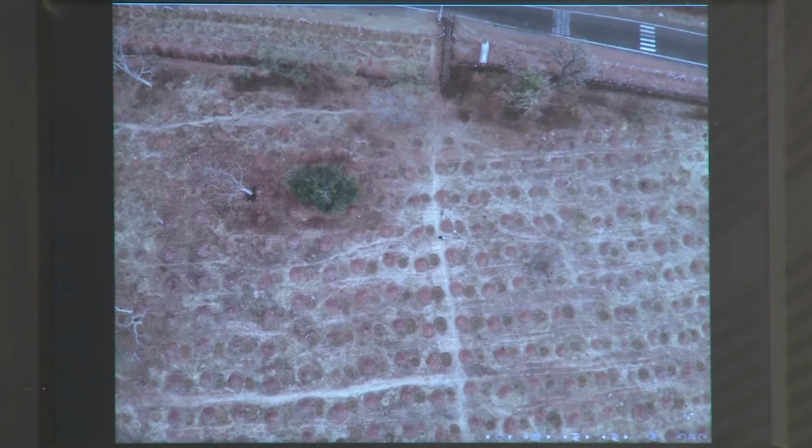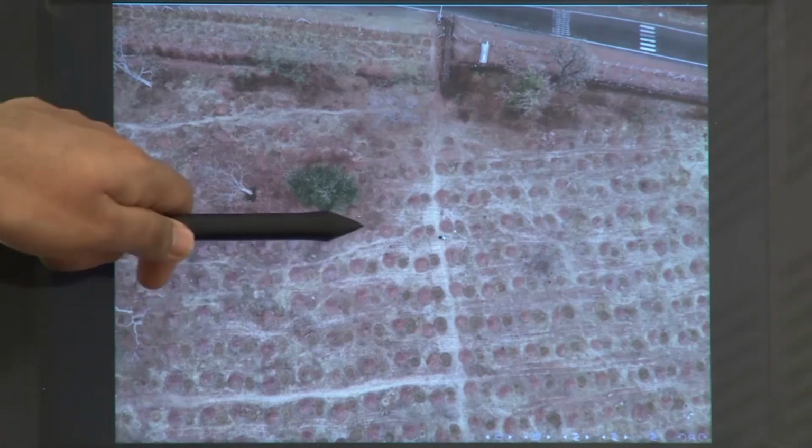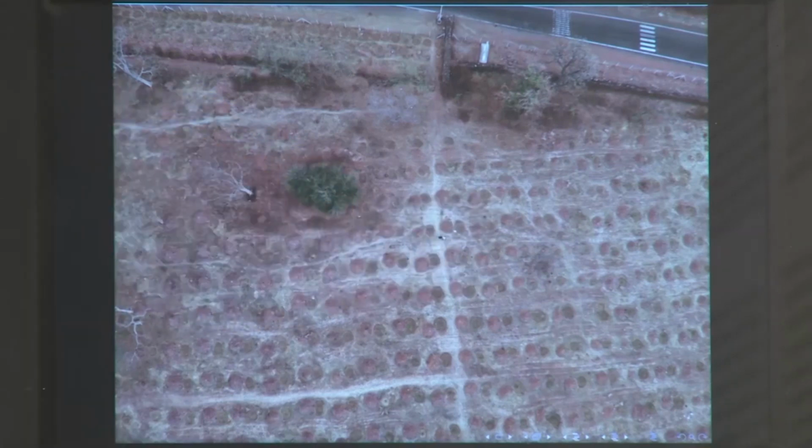Now, if you have an idea of the distance between different pits, you will have an idea of the density of the plantation, and you will also have an idea of whether there will be an overcrowding in this plantation or not. So, you can make use of these photographs. So, when you have this photograph, you can directly take a scale, measure these distances, and then scale them up by using a standard distance.